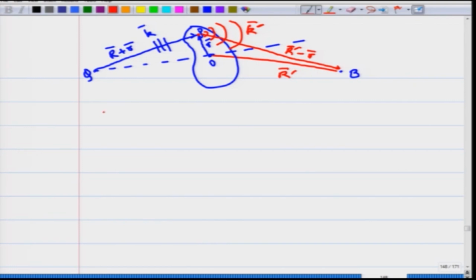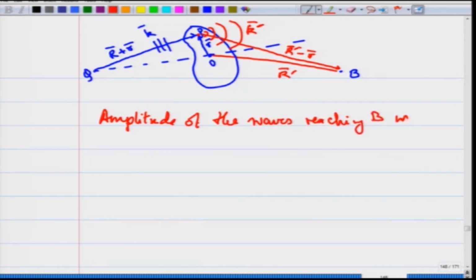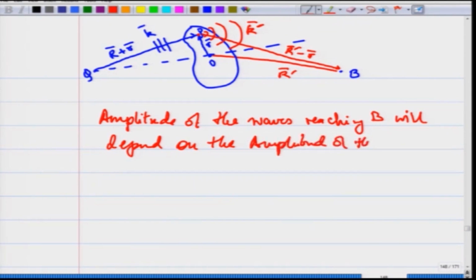Now, the amplitude of the waves reaching point B will depend on the amplitude of the waves which have reached point P, that is, they will depend on AP.